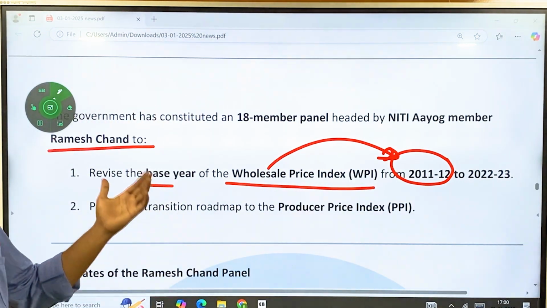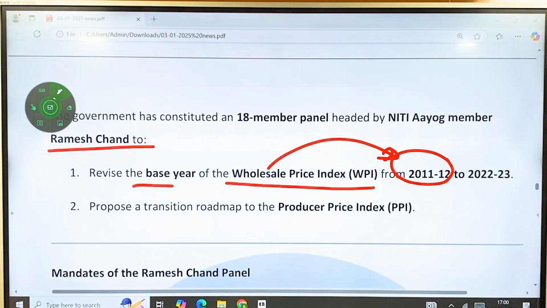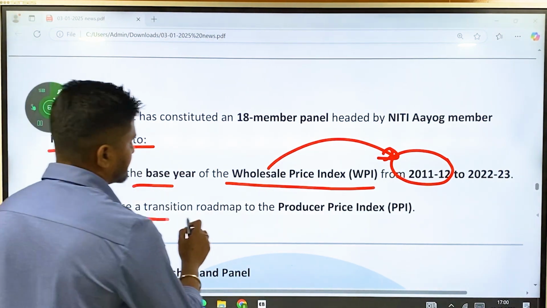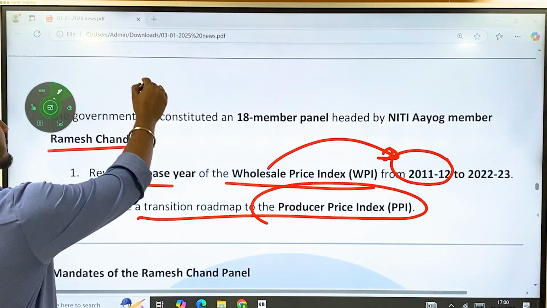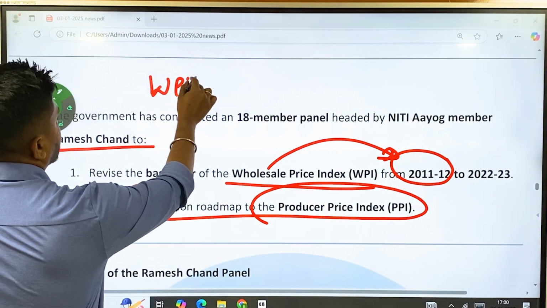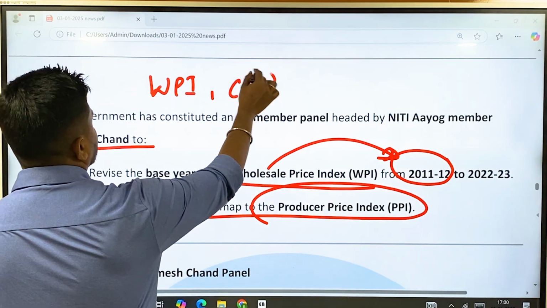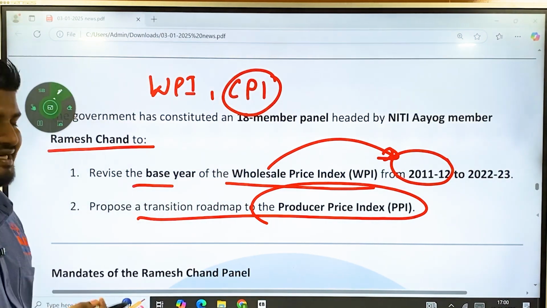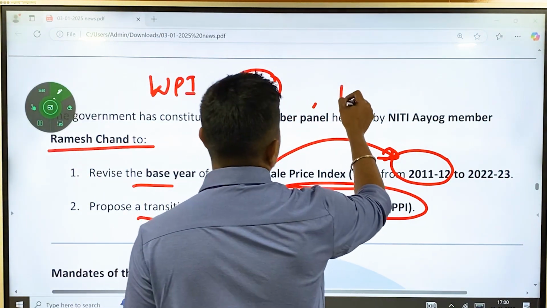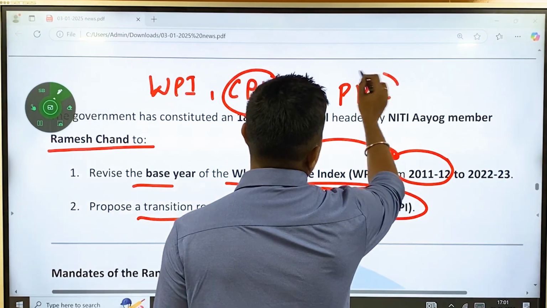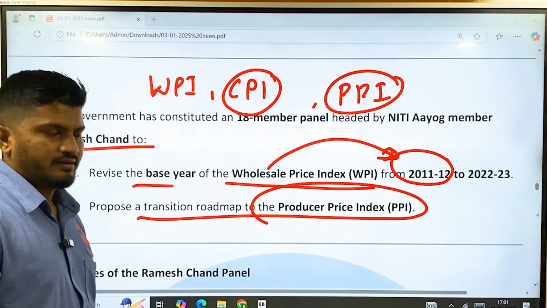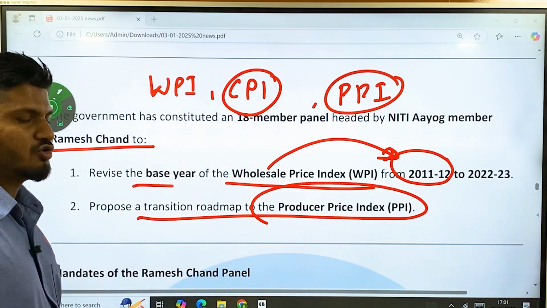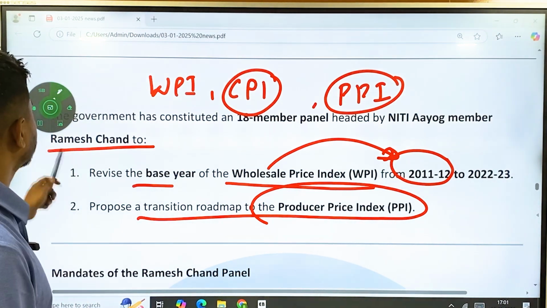Now they want to change it to 2022-23, and propose a transition roadmap to a producer price index. Presently in India, we only have WPI and CPI, that is the consumer price index, and there have been talks about a new index, the producer price index, for a long period of time. So now this panel aims to produce a transition roadmap to the producer price index.